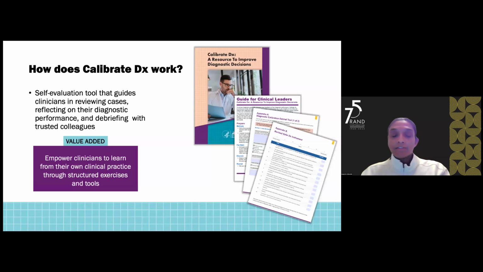It includes a self-evaluation tool that walks clinicians through selecting and reviewing their own cases, reflecting on their diagnostic performance with those cases, and then debriefing with a trusted colleague. It really aims to empower clinicians to learn from their own clinical practice through structured exercises and tools.